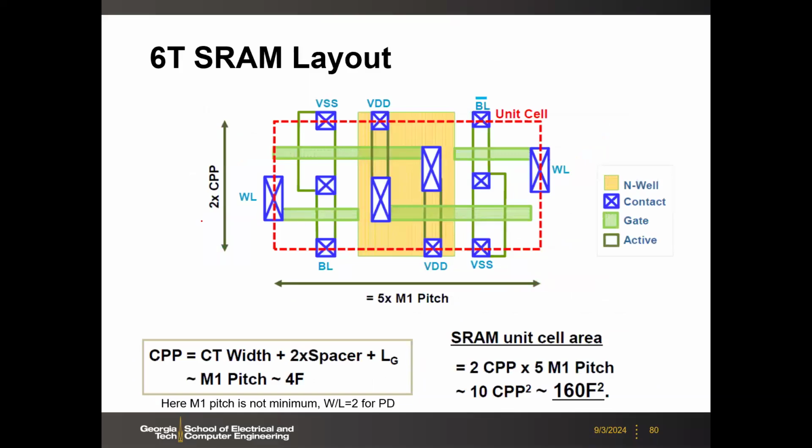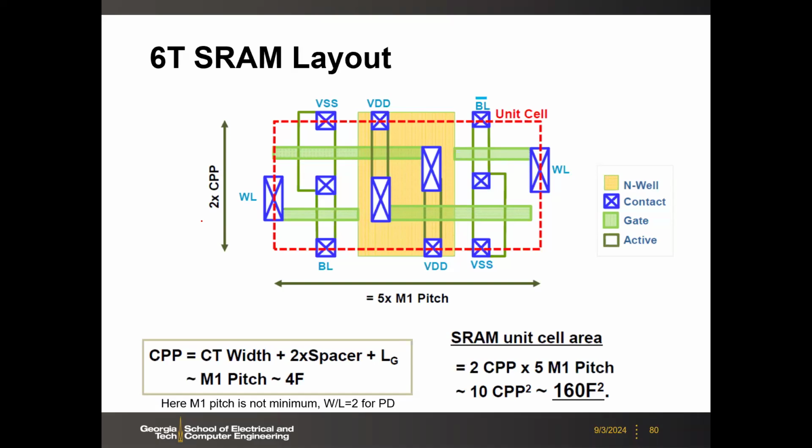Okay, so this slide is important, because the 6 transistor SRAM cell layout design, even for today's advanced node, looks similar to this one. There's no change on the overall layout over the past 30 years already. So here, this is for planar, let's say 28 nanometer design.